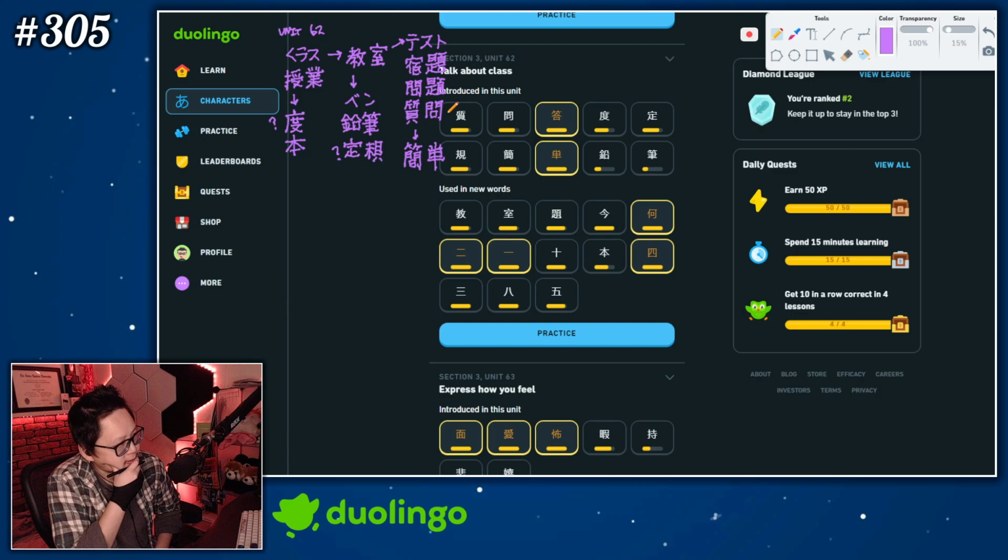Oh, kantan. Oh, this is an adjective. Simple. Kantan. This gave it away. We're describing the stuff. Adjectives. So that means yasashi. Yasashi also on this.